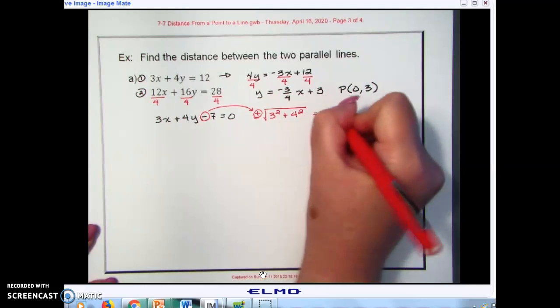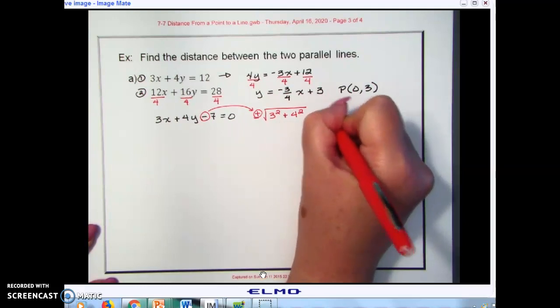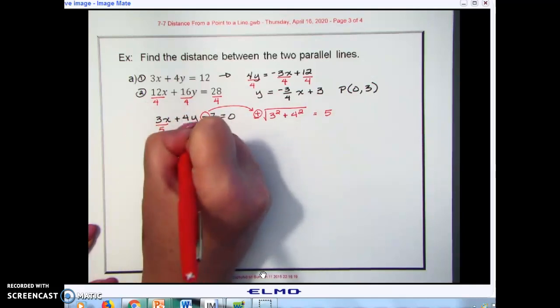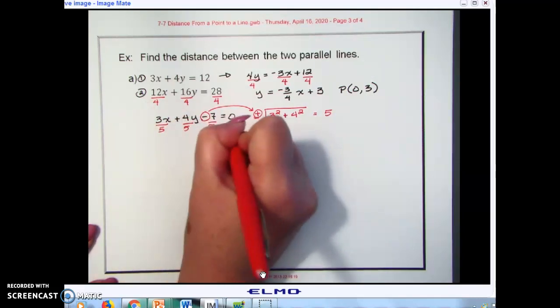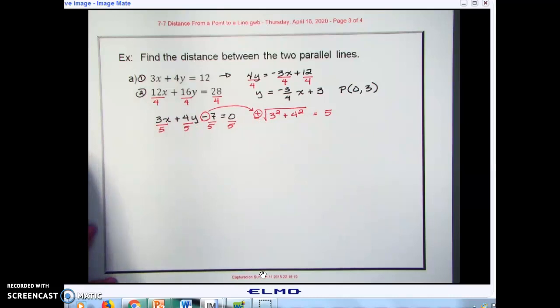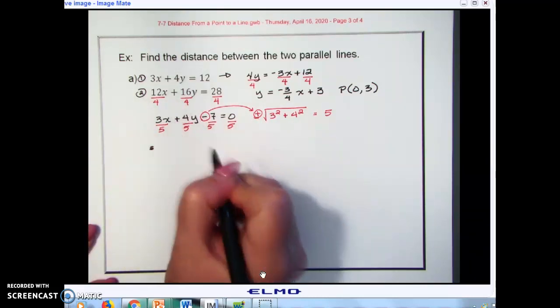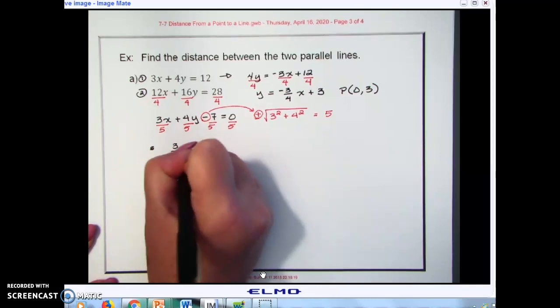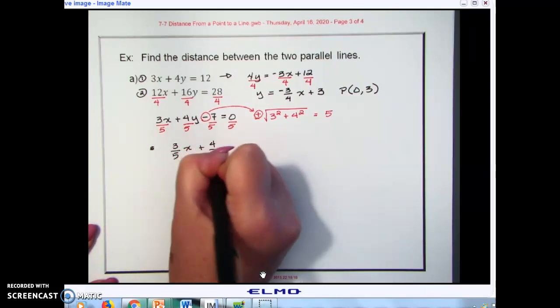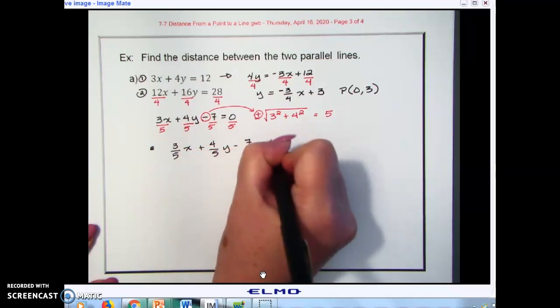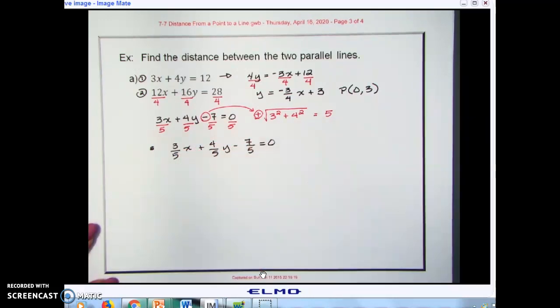Again, that is going to be the square root of 25, which is 5. So we're going to divide everything through by 5. Then the normal form is 3/5 x plus 4/5 y minus 7/5 is equal to 0. So this is now the normal form of the line.